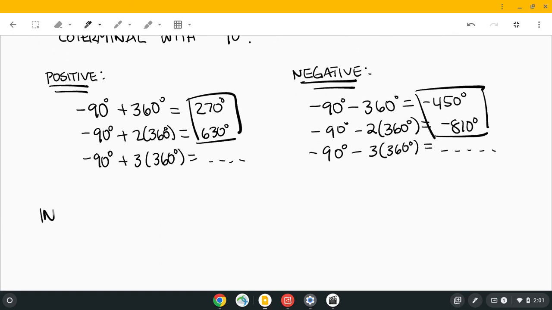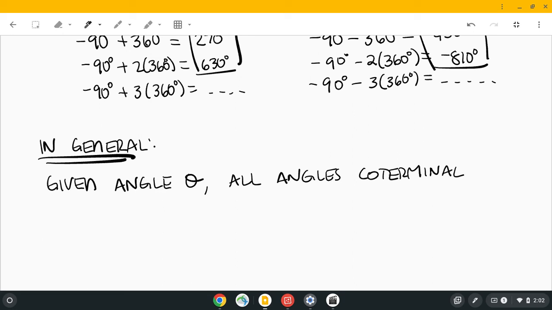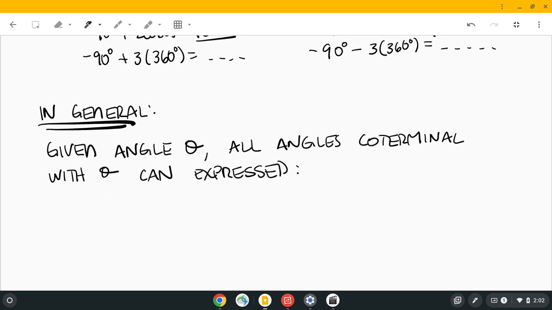Okay, so in general, if you're given an angle, any angle, theta, then all angles coterminal with theta can be expressed as theta, whatever angle you have, plus any multiple of 360 degrees.